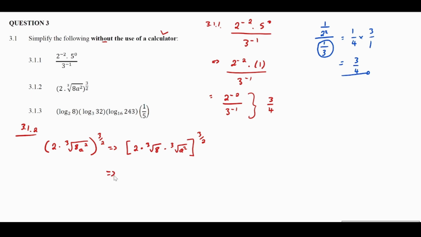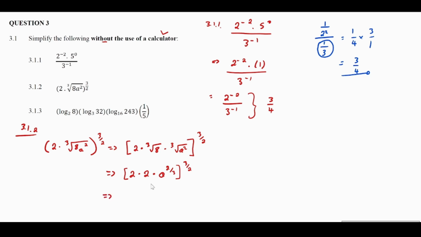And then this is going to give us 2 multiplied by the cube root of 8, which is 2, multiplied by, if you write this in exponential form, a to the exponent of 2 divided by 3. All of this is to the exponent of 3 over 2. Now look what's going to happen. The exponent outside is going to multiply everybody inside the brackets.